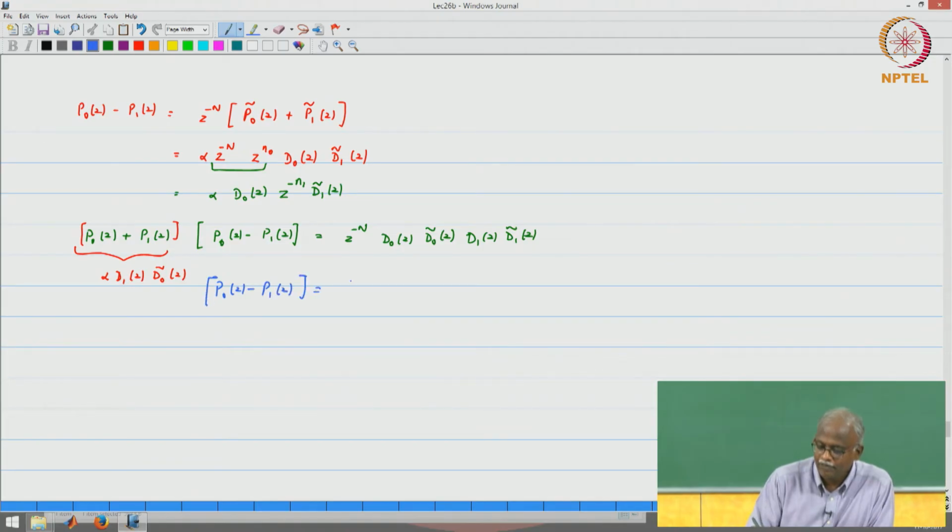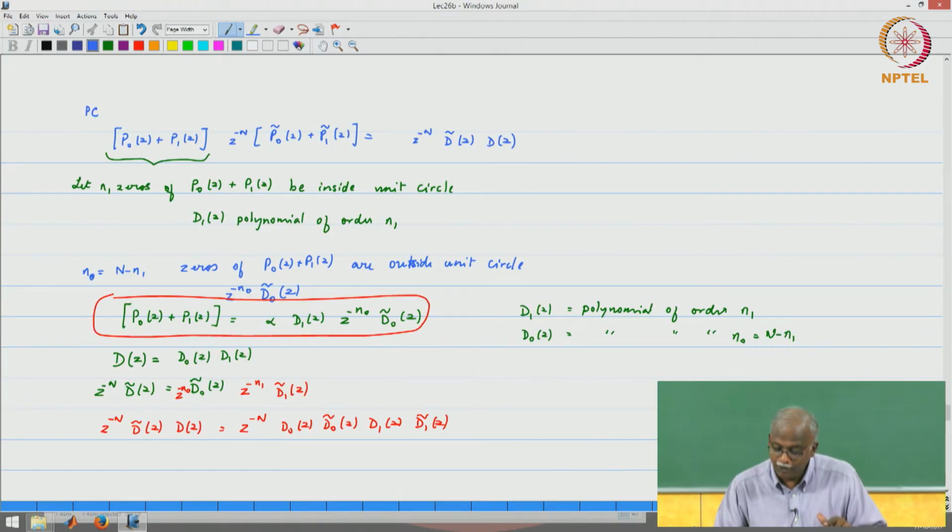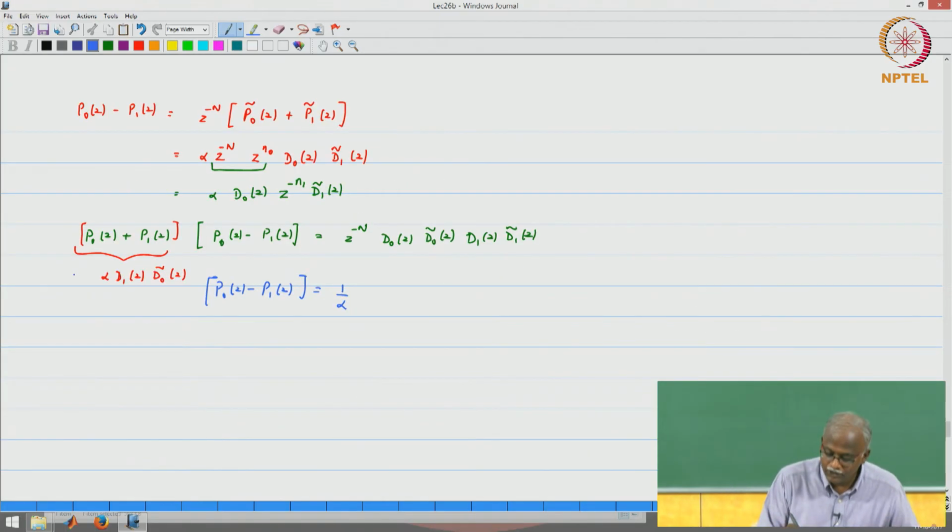Okay. So, take this to the other side, you will have 1 over alpha, basically take off the... did I make any mistake? If I have made any mistake, just let me know. z power minus n naught is also there. Okay. So, there is a z power minus n naught. So, take it to the other side, what you will be left with is d naught of z, z power minus n1 d1 tilde of z.